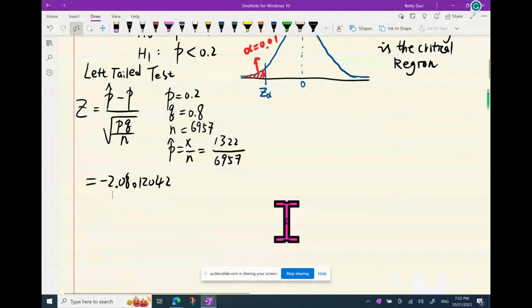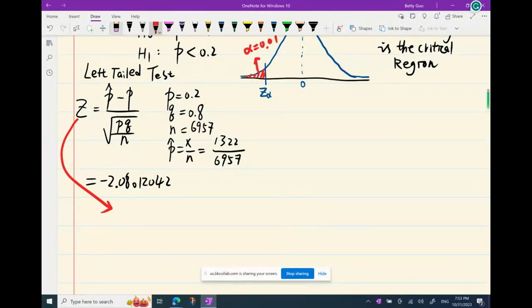So what is this called? What is the Z here? It's called the test statistic. That's our test statistic.